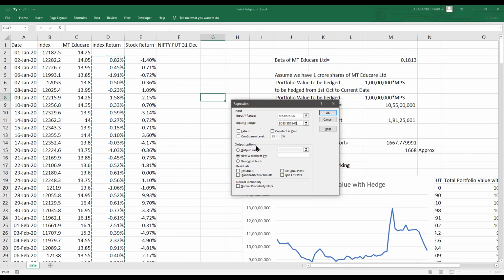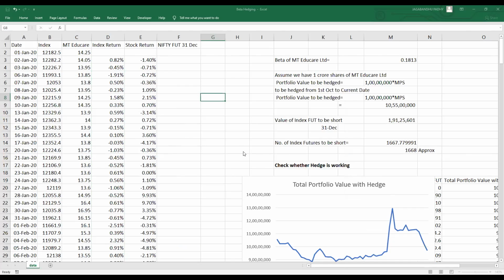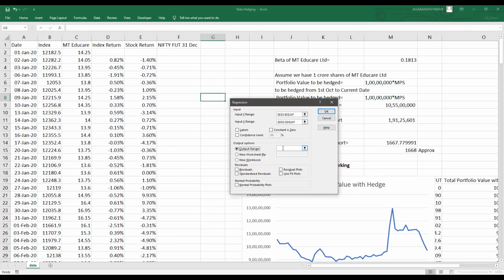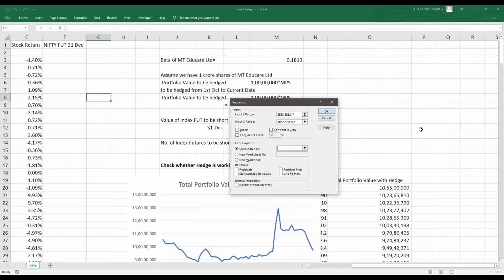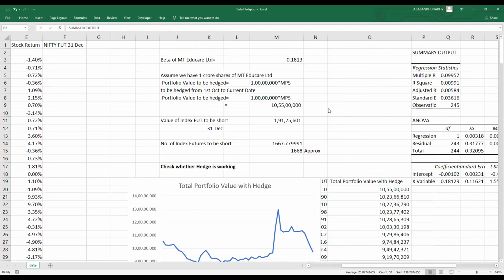Labels are not there. Constant is 0. Output range, let me just place the range over here. No residuals, nothing else is required. Clicking on OK.